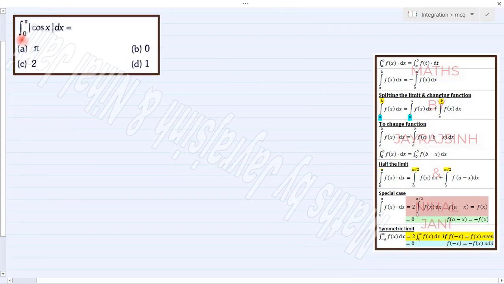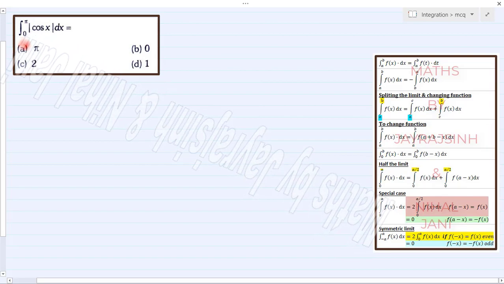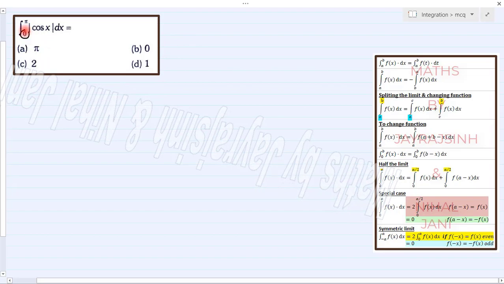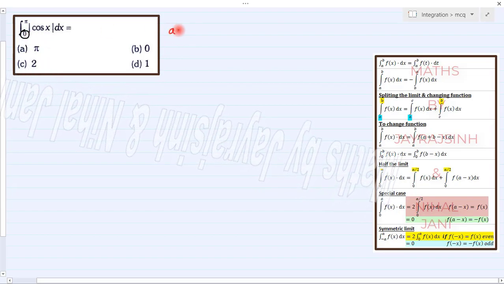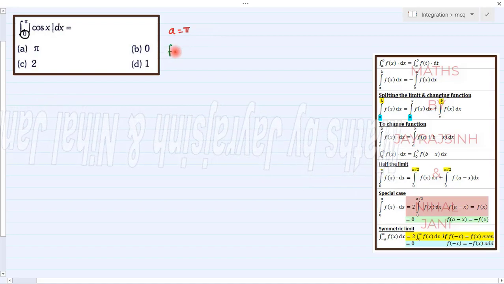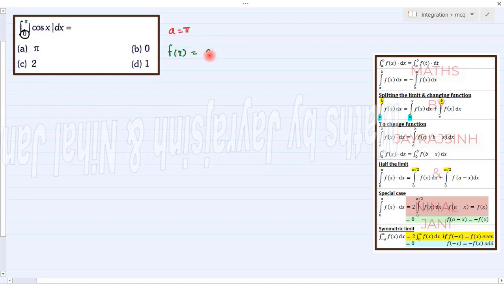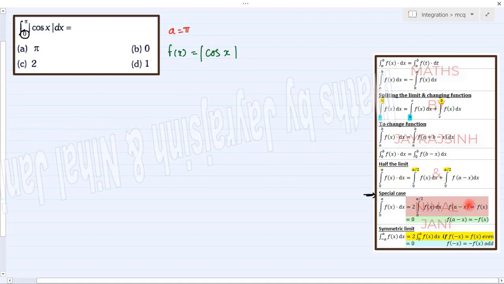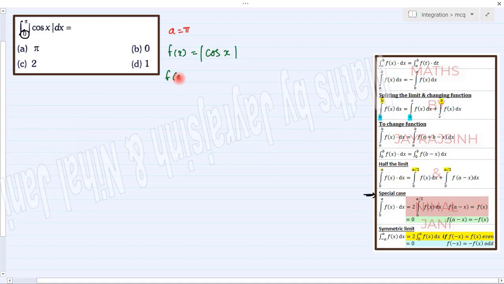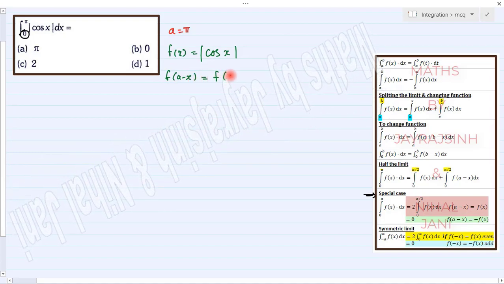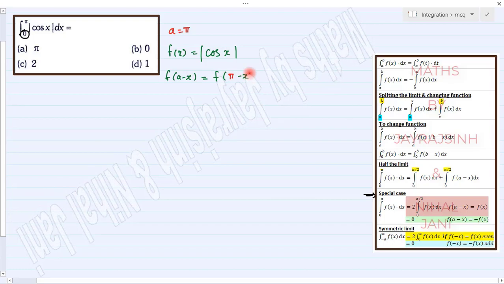In this question, we have to integrate mod cos x from 0 to pi. Here, the lower limit is 0 and the upper limit is pi. And the function is cos x within the mod, right? Let's check f of a minus x, or we can say f of pi minus x.